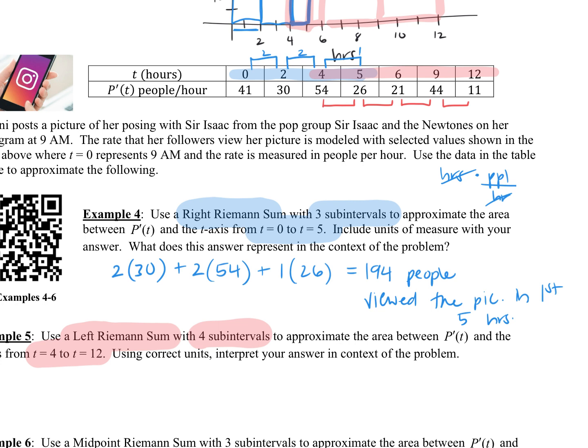Okay, so let's write this out in terms of actually like the formula of our rectangles. The difference between 4 and 5 is just going to be 1. So I've got 1 times my height of my first rectangle is what, 54 or 26? 54 because we're going on the left. Difference between 5 and 6 is my second rectangle, so that's 1 again. And then if I'm using left, I'm going to use 26.